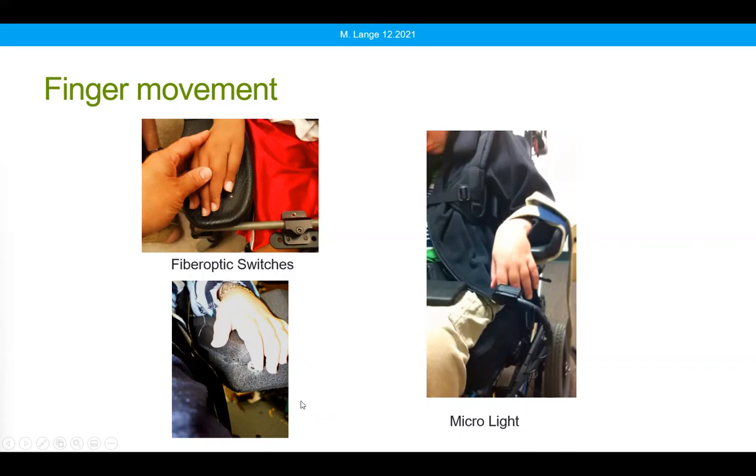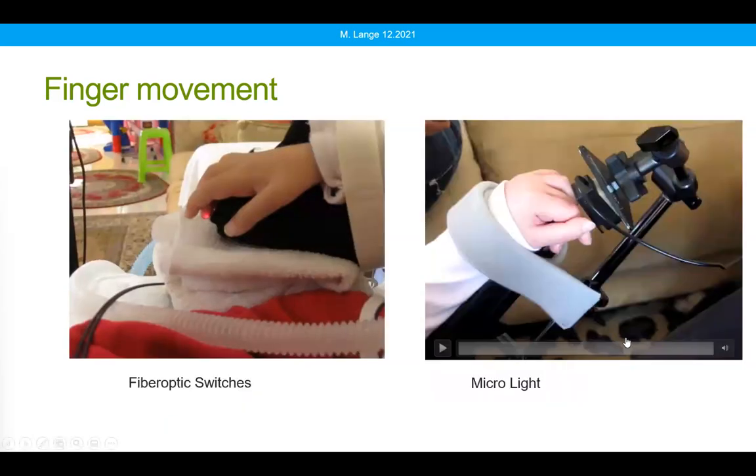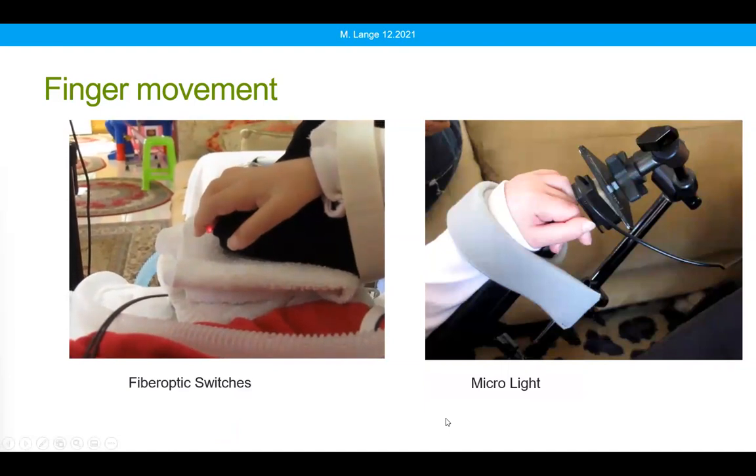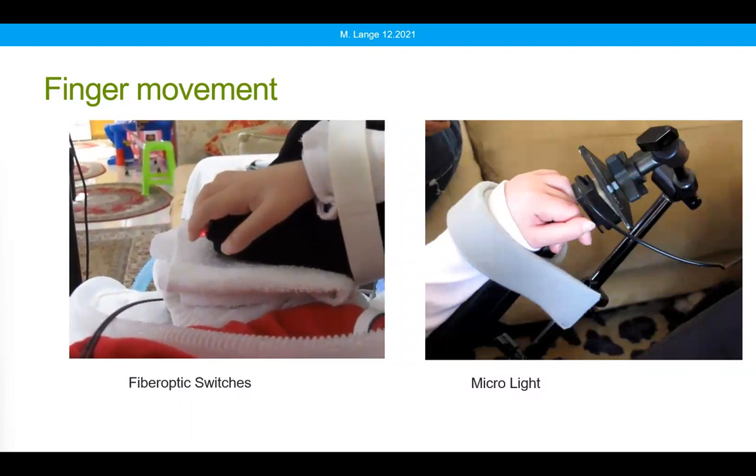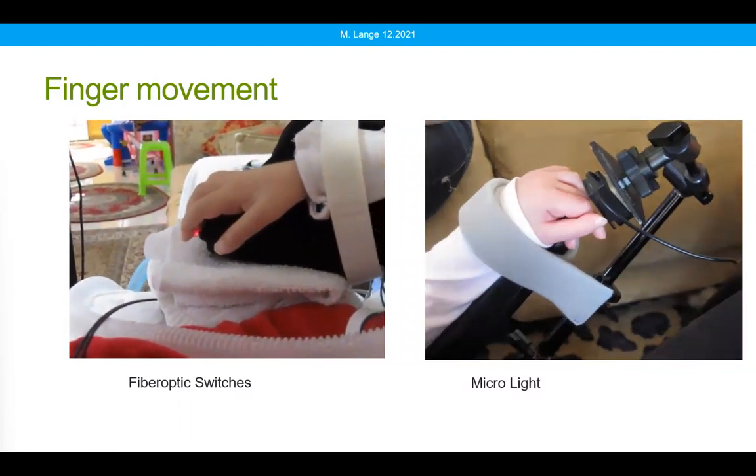Below that, we have a fiber optic switch that is placed within a custom arm trough we built, and this young man is pulling back slightly with his index finger. And to the right, we have a young man who's extending his finger slightly against a Microlight switch. Here on the left, we have a young man with spinal muscular atrophy who's pulling back with his finger a little bit to activate a fiber optic.